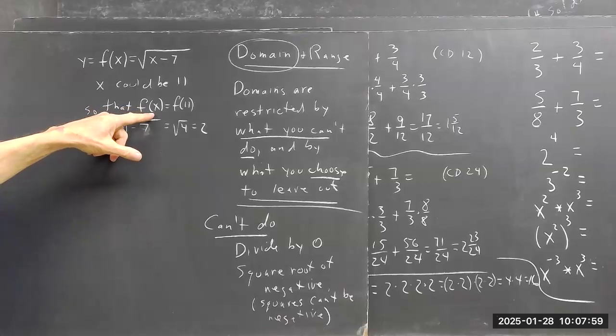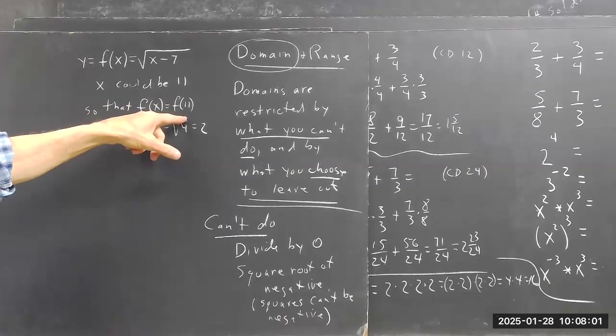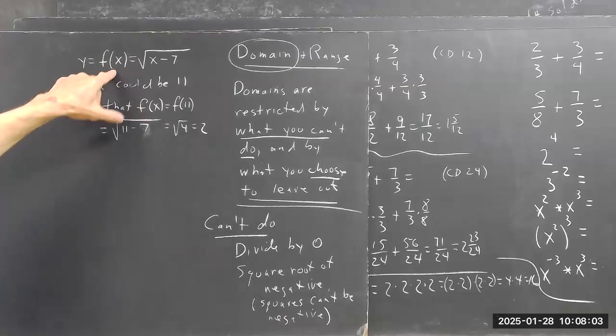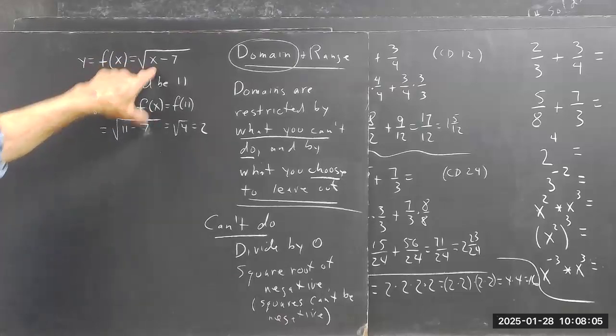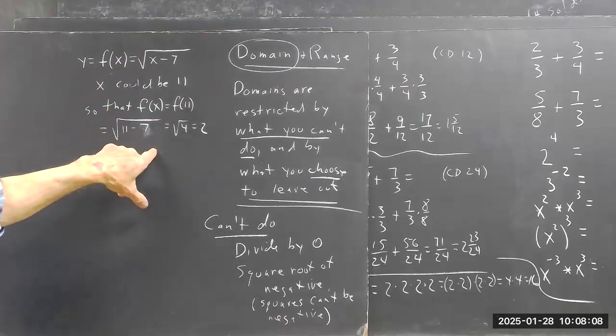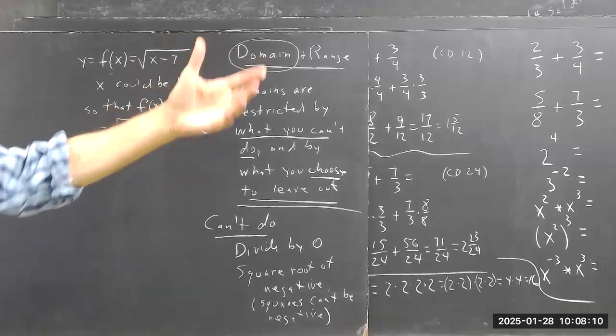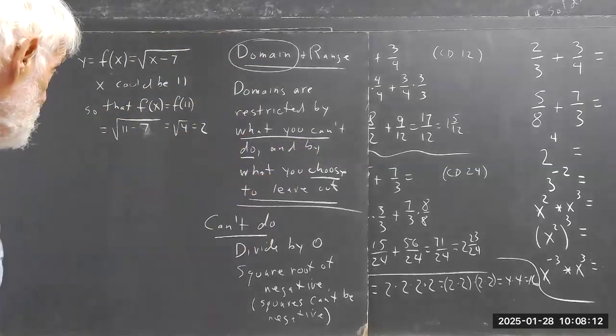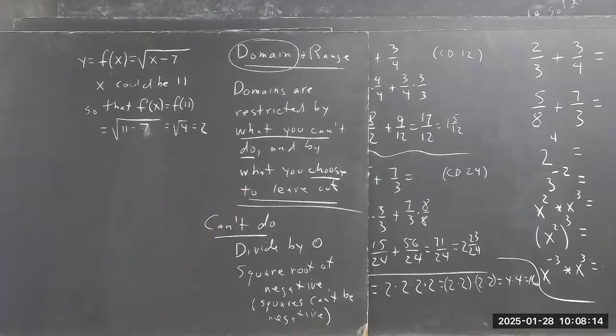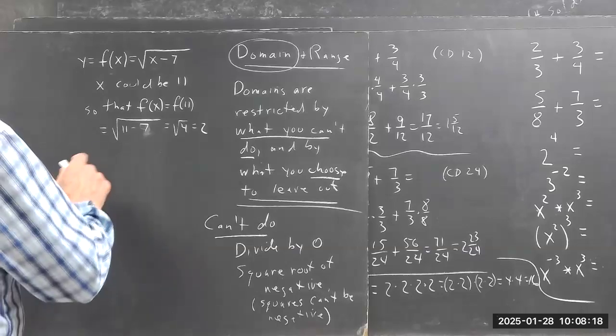F of x, if x is 11, becomes f of 11. Then this x becomes 11, so you get the square root of 11 minus 7. Square root of 4 is 2. Okay, so you chose a good number there, one that we could actually write the square root of.